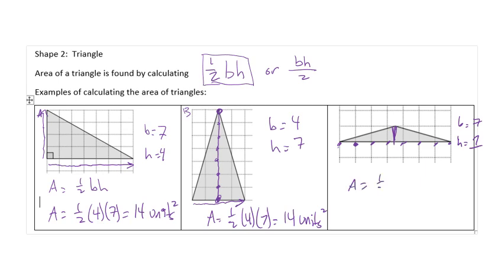Area is equal to 1/2 base times height. 1/2 of 7 is 3.5. 3.5 times 1 is 3.5. So I got 3.5 square units, or units squared. So our answers can be decimal values. Don't freak out if you get those. That's perfectly fine. But that's how you find the area of a triangle.